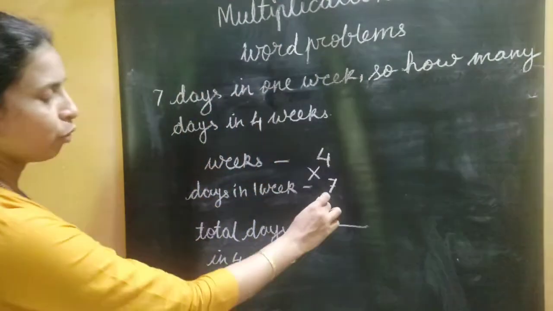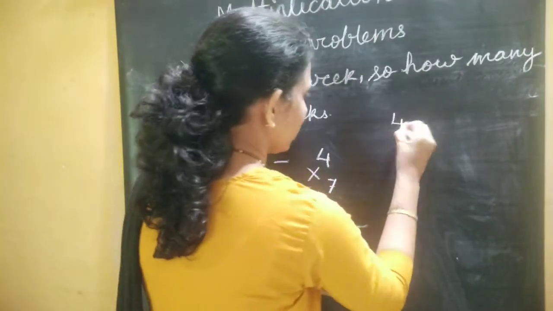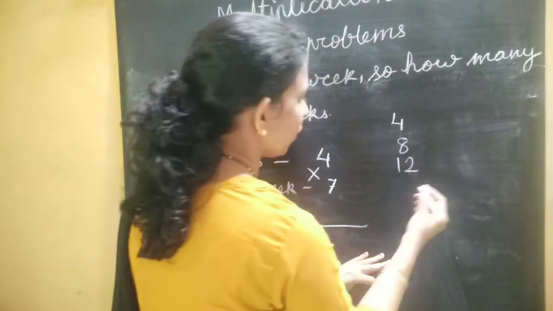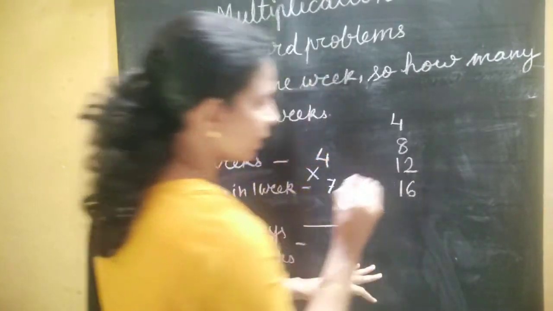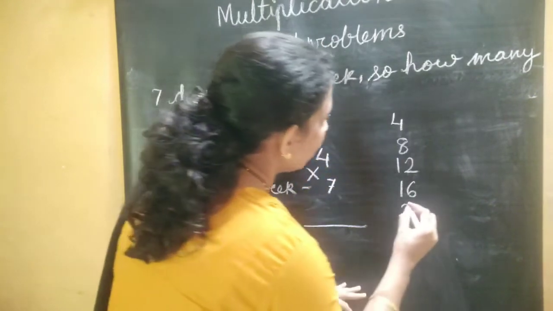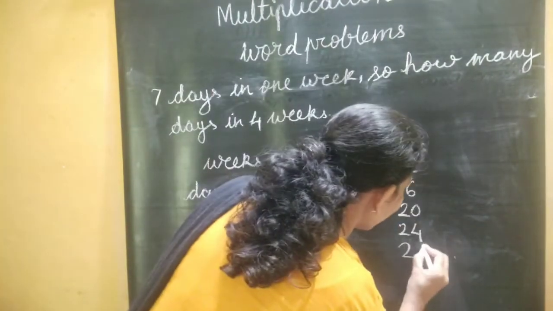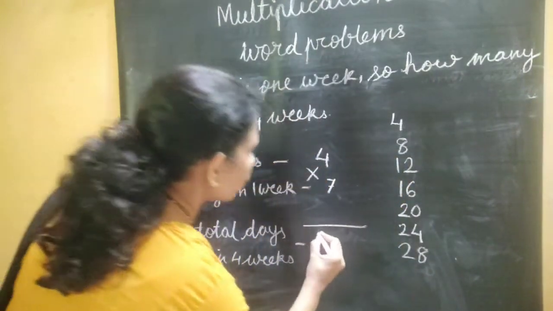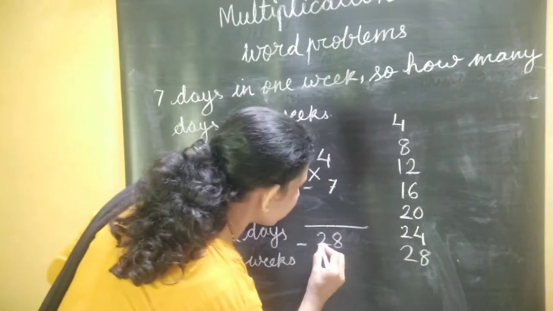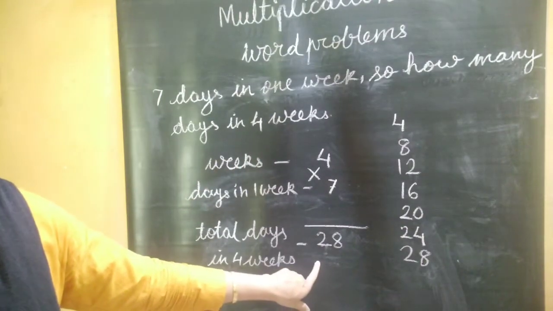Say the table of 4 till 4 7s are. 4 1s are 4, 4 2s are 8, 4 3s are 12, 4 4s are 16, 4 5s are 20, 4 6s are 24 and 4 7s are 28. So here you should write 28. 4 7s are 28.